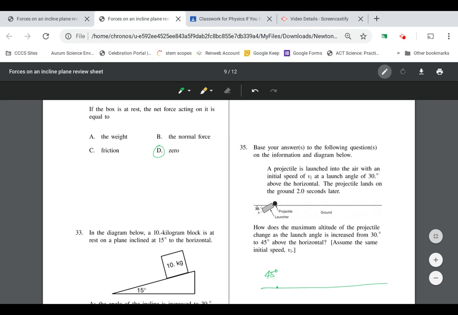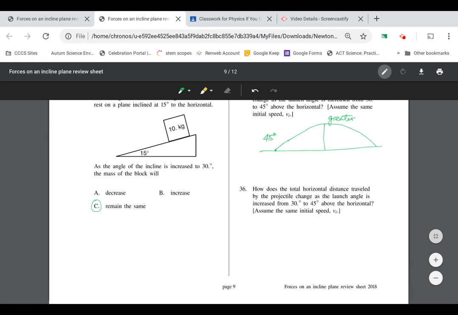So if it moves toward 45, it will go higher and also go longer, right? So the maximum altitude will be greater because the time will be longer, okay?